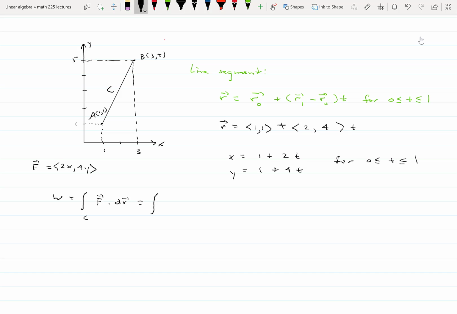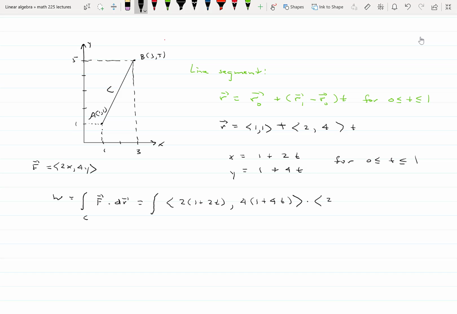We stuff the parameterization into the forcing function. So this is going to be the vector whose components are 2 times (1 plus 2t), that's 2x, and 4y, 4 times the parameterization for y, dot dr. What is dr?